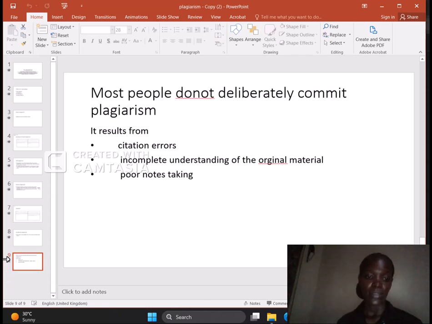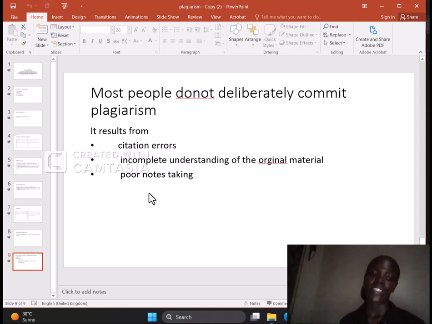The other thing is incomplete understanding of original materials. And the last one is overnote taking. In most cases, overnote taking is the one that results in accidental plagiarism, because someone is taking notes, they are not organized, they are not checking their work, what they've written, what is missing.